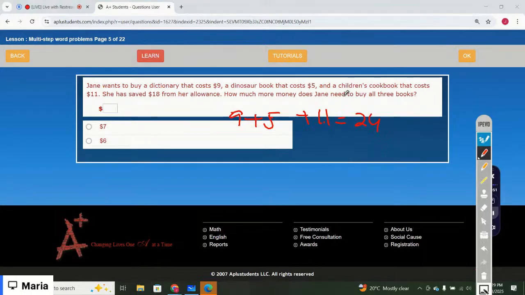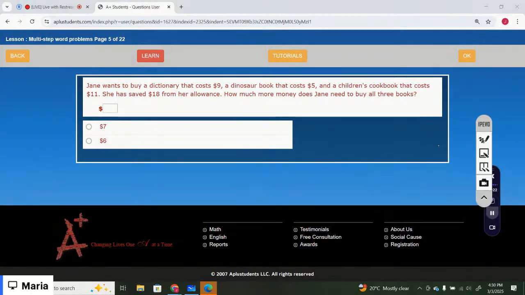So all the books cost $25. She has 18 already, so 25 minus 18 equals 7. Option number 2 is the correct option.